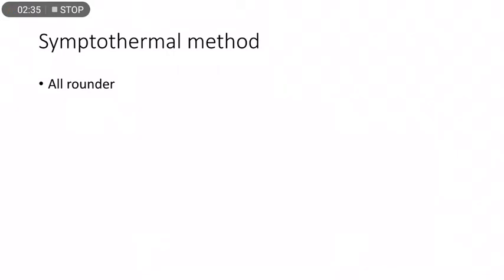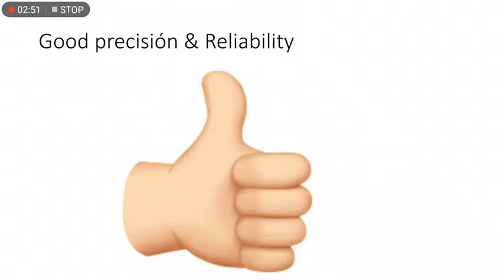In the symptothermal method, we will be more reliable than any other method under the natural methods heading. The main advantage of this method is that it is pretty precise and pretty reliable as well.